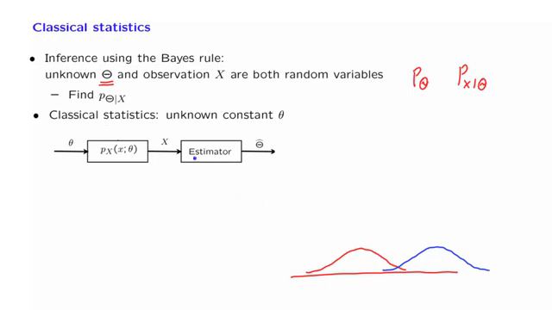In order to make a choice of theta, what we do is we take the data and we process them. And after we process them, we come up with our estimate, or rather estimator. What is the estimator? We take the data and we calculate a function of the data.